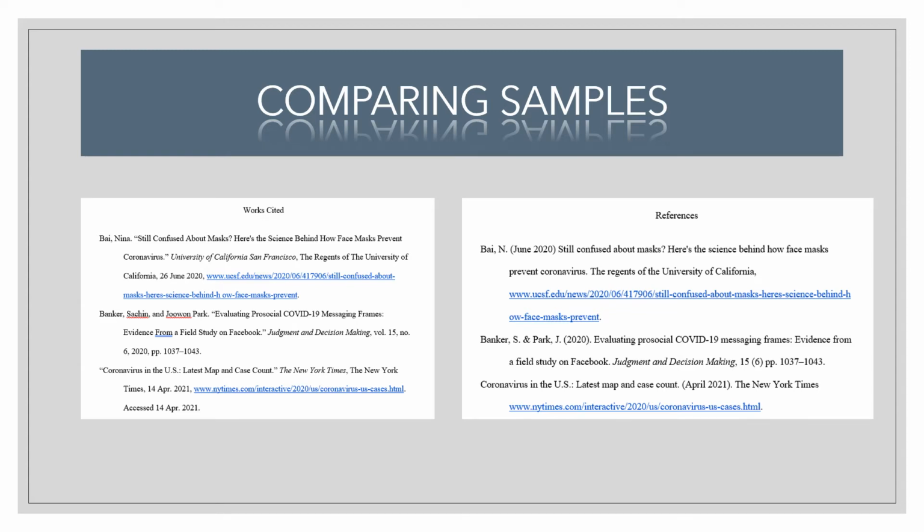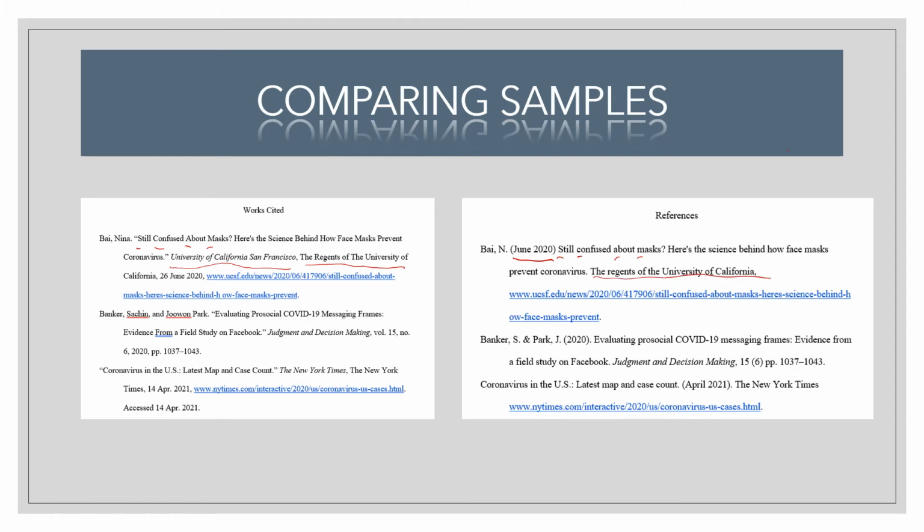Notice here we have a year. No year here. Notice the capitalization of all these letters. And notice here they're not capitalized. Okay. Notice here the container is in italics followed by the publisher. Notice here we just have the publisher and then the URL.